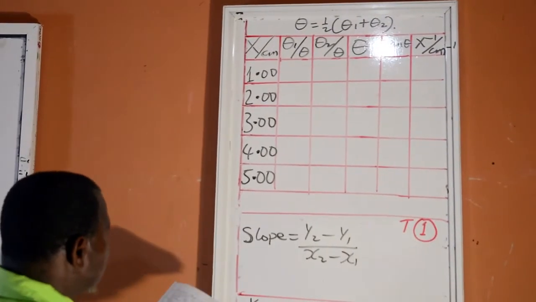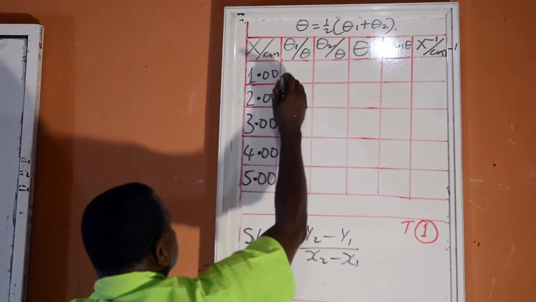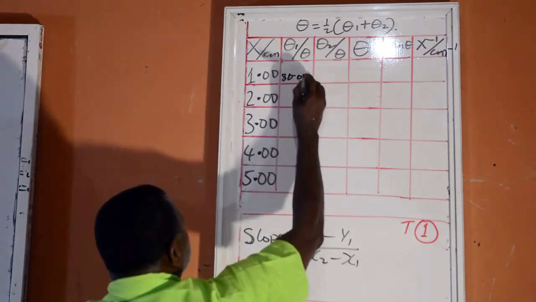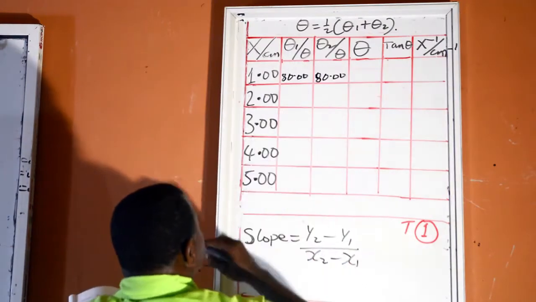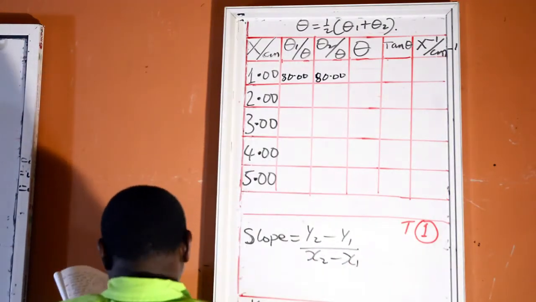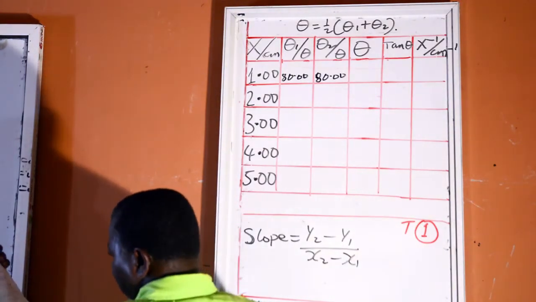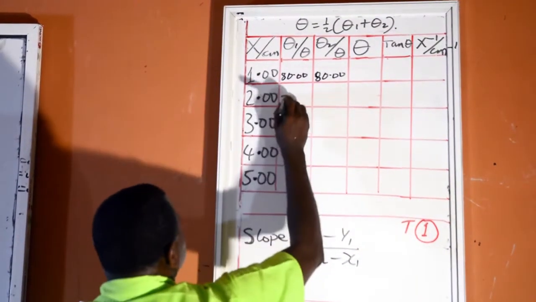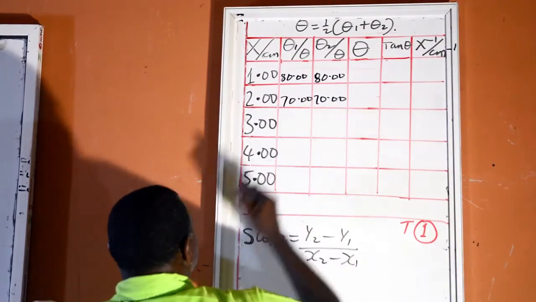For x equal to 1 centimeter, theta 1 is 80.0, theta 2 is 80.0. For x equal to 2 centimeters, theta 1 is 70.0, theta 2 is 70.0.